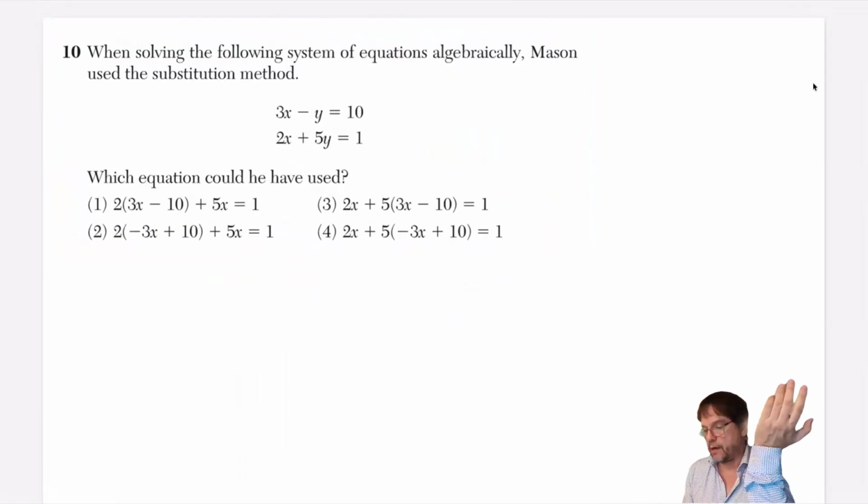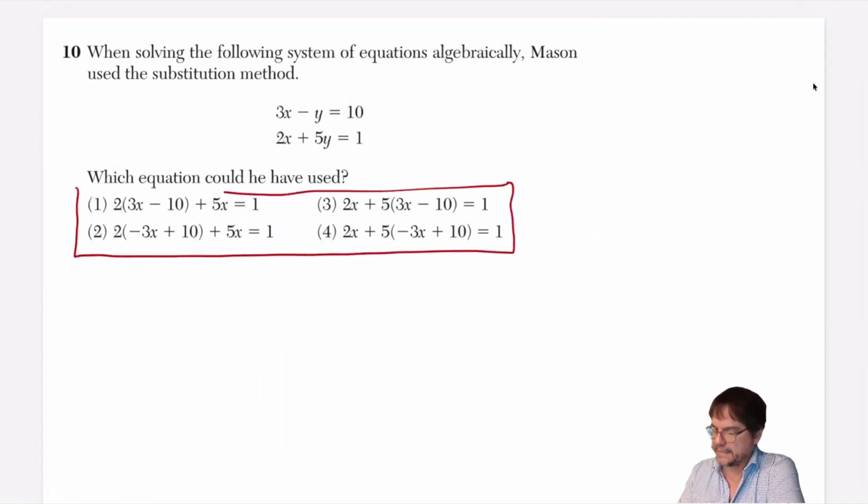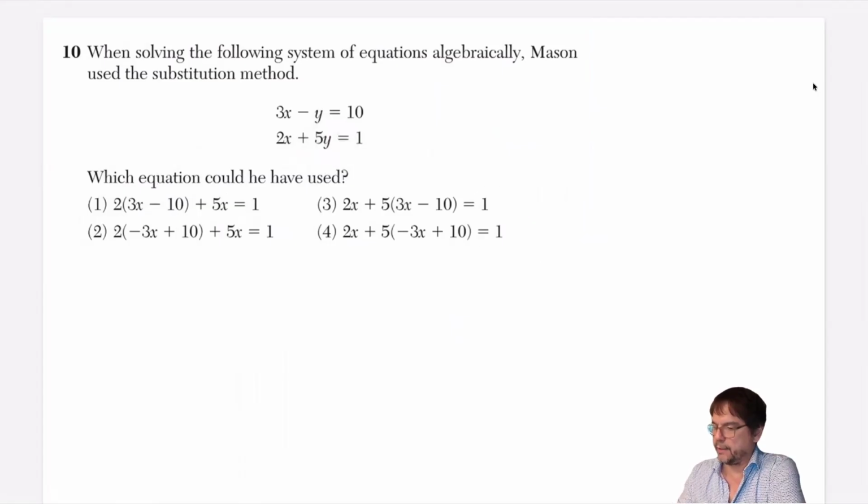But I need to figure out what he did. All the answers are in terms of x, so I need to disappear with y. To disappear with y, you isolate y here or here.